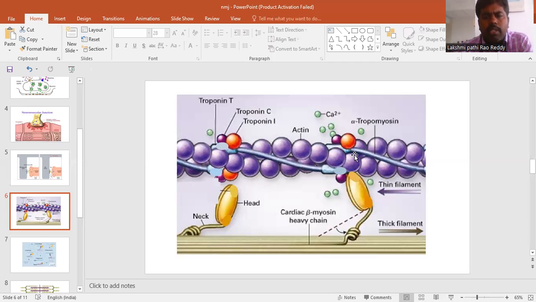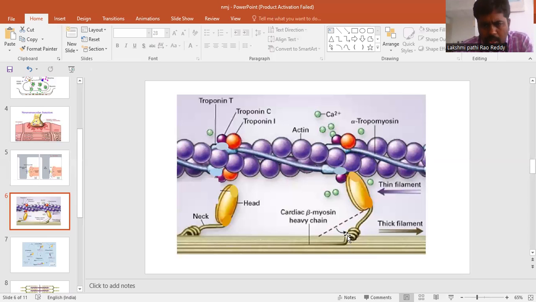In the next half, we can see the calcium ions bind with troponin C, and the active sites of the actin filaments will be displayed because the tropomyosin moves apart and displays the active sites of the actin.